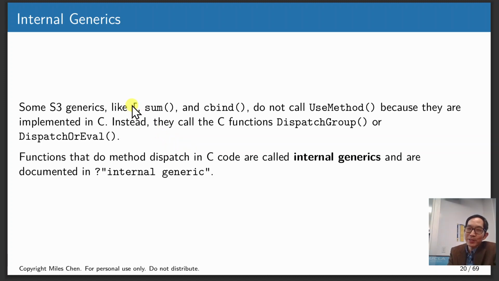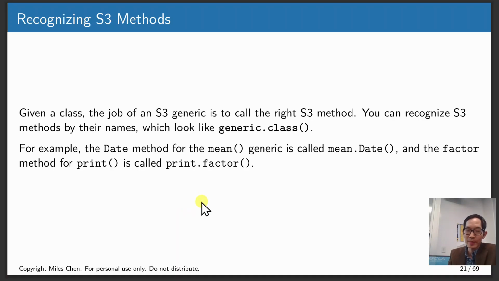Other generics, and you don't think about this, include the subsetting function, the square bracket, which subsets vectors. That's actually a function, and it's an internal generic function. Rather than use method dispatch, they use dispatch group or dispatcher eval. Anyway, it's just a side note there.